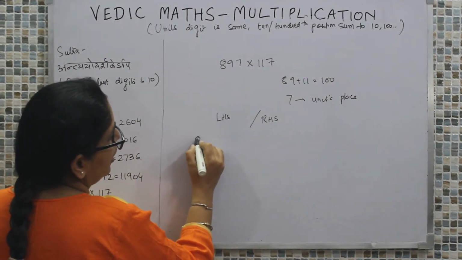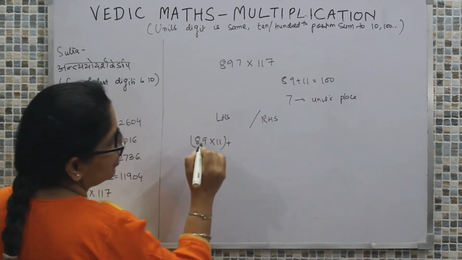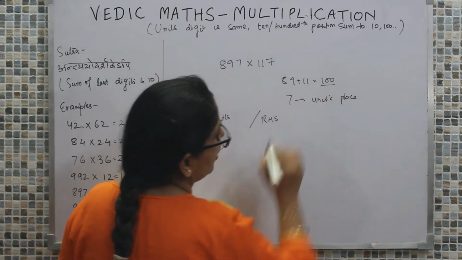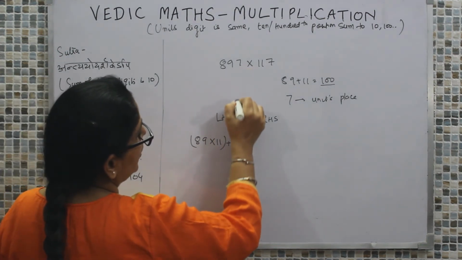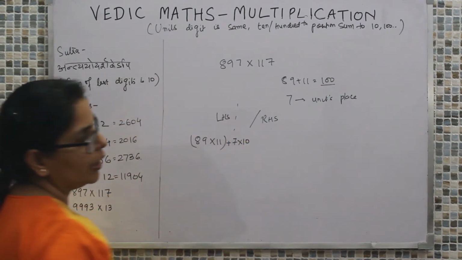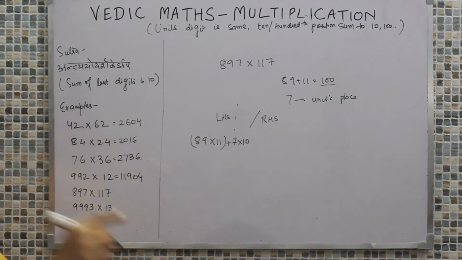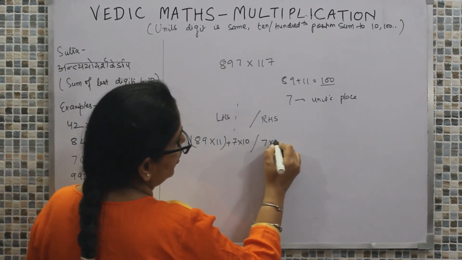LHS will be 89 into 11 plus, here we observe that the sum is 100. So we have the value of 7 written as 7 into 10, as we have seen in the earlier example. And the RHS will be 7 into 7.